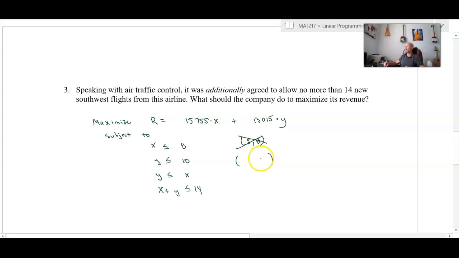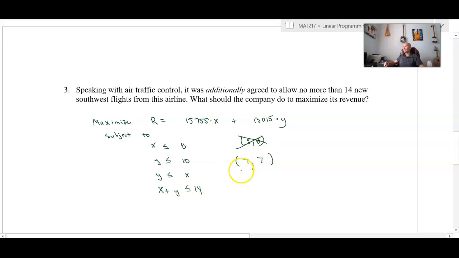I can have Y be 7, and then that would mean that X has to be bigger than or equal to X. So the point 7, 7 would certainly work, because here X and Y are less than 8 and 10 respectively.